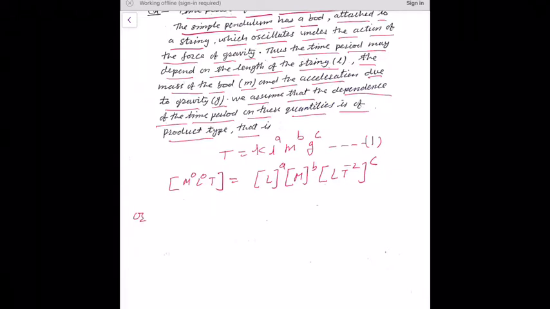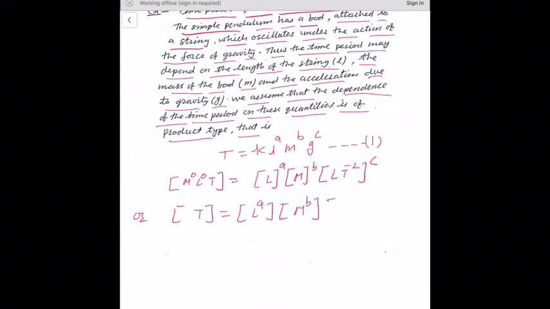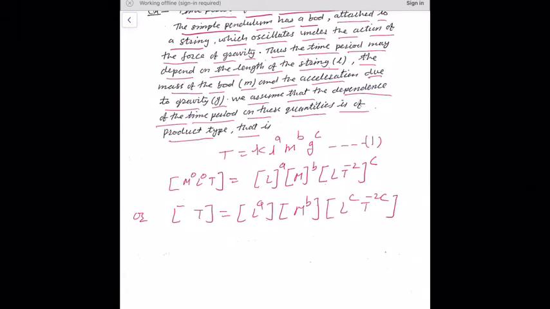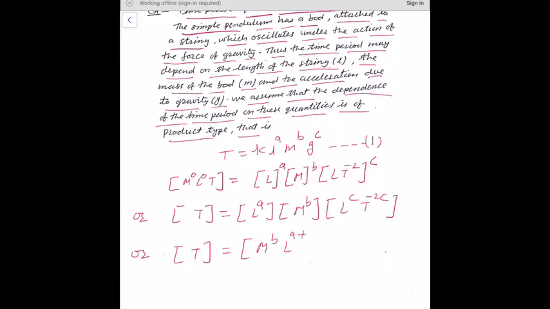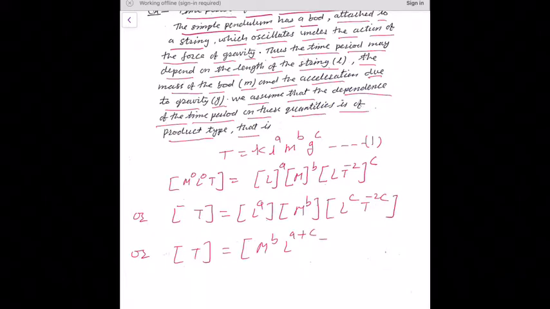Or we can write T is equal to L to the power a, M to the power b, L to the power c, and T to the power minus 2c, or we can write T, M to the power b, L to the power a plus c, and T to the power minus 2c.